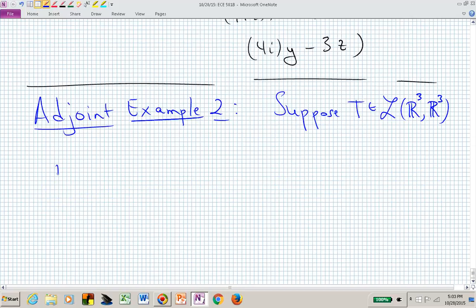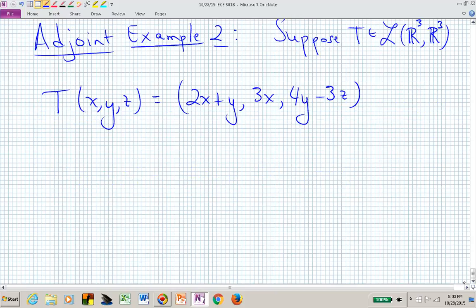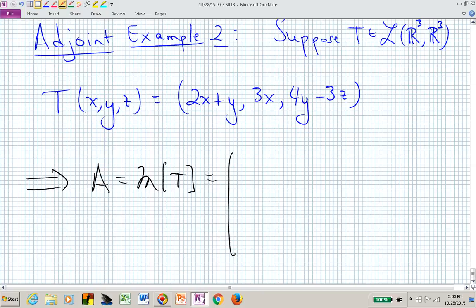Suppose that T of x, y, z now becomes, first coordinate 2x plus y, second coordinate 3x, and the third coordinate 4y minus 3z.